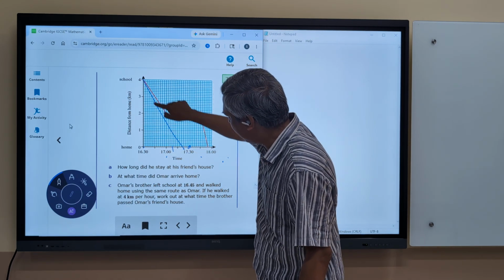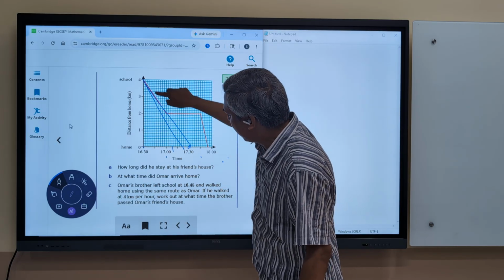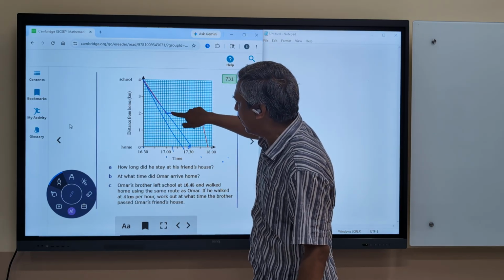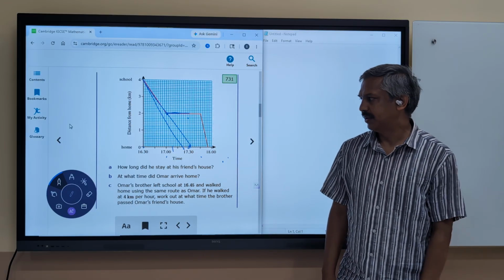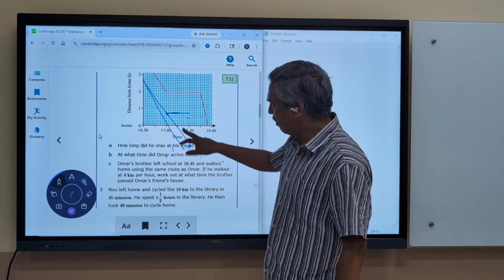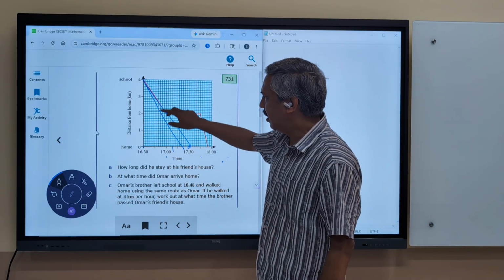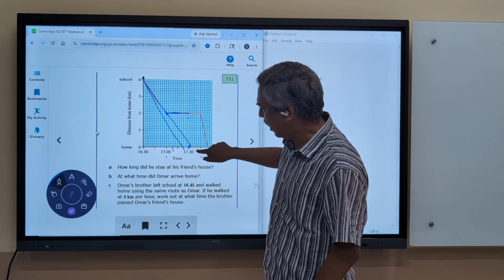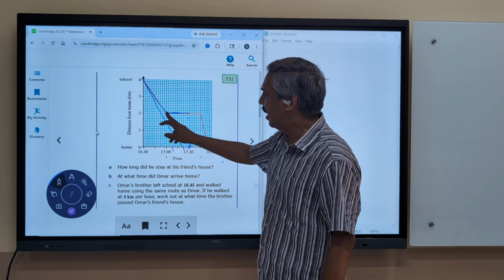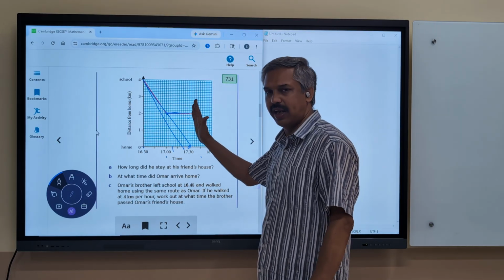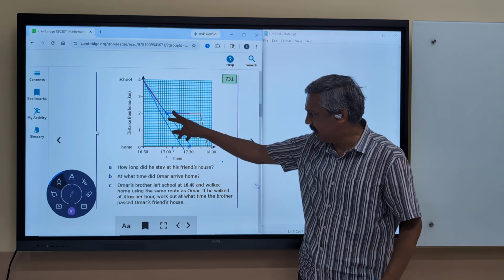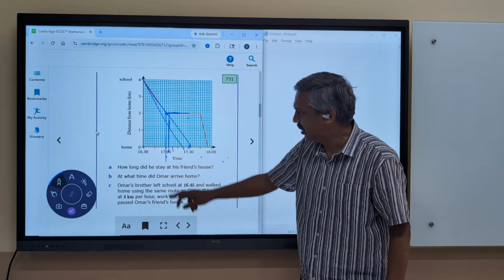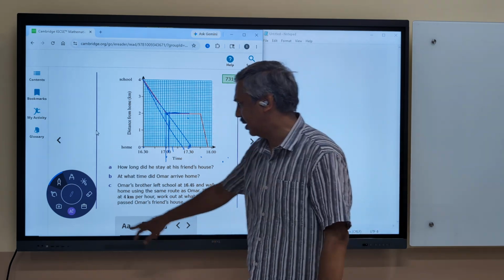So you just draw the graph like this. And wherever this line intersects, this is where he is passing the house. It may not be as I am showing here. With the correct drawing, you might realize the line is passing slightly before or slightly after this point. But just work it out, take that time and tell me when they are passing.